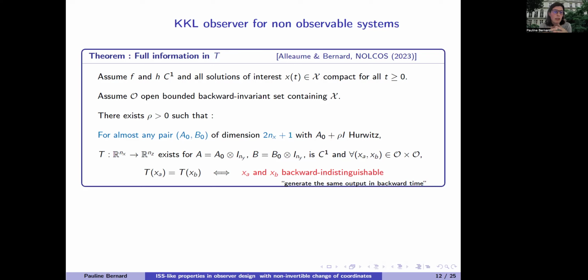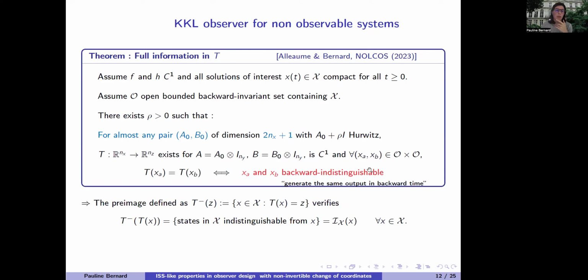And you can think that if you can reconstruct X modulo all its indistinguishable states, then you're happy, because there isn't anything more you could do, in the sense that those states, anyway, are indistinguishable. So there is nothing you can do to distinguish them. So if you have something that allows you to recover them, then you're very happy.